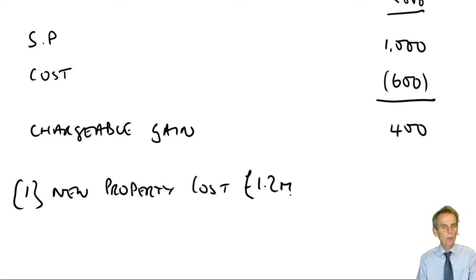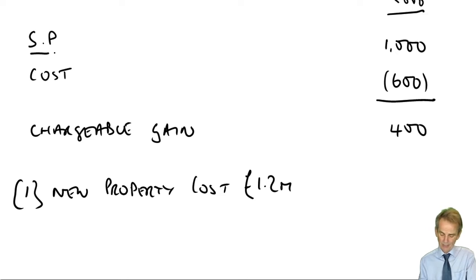You would also, of course, be supplied with the date of that acquisition, as well as the date of this disposal here. And you need to ensure that the reinvestment has, of course, occurred within the relevant time period. What was that relevant time period? I hope you're saying to yourself there, a year before, up to 3 years after the disposal date. Check those dates carefully within the question.